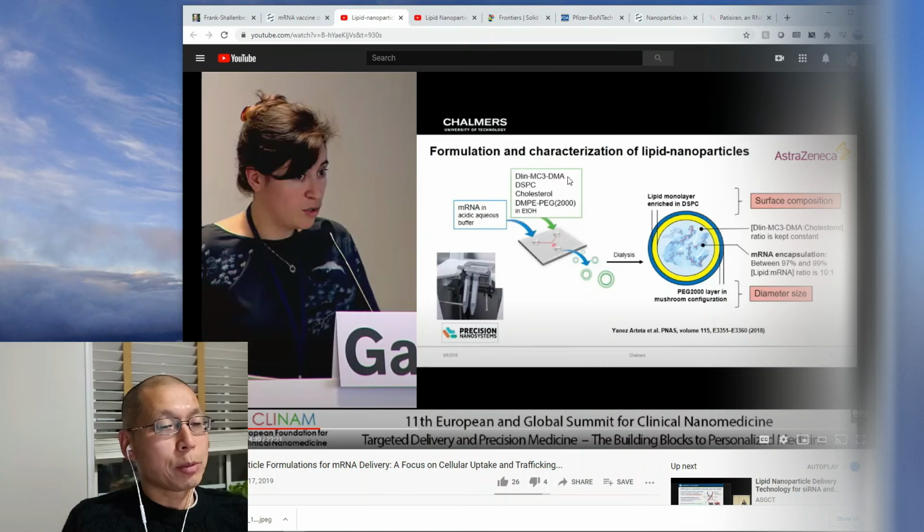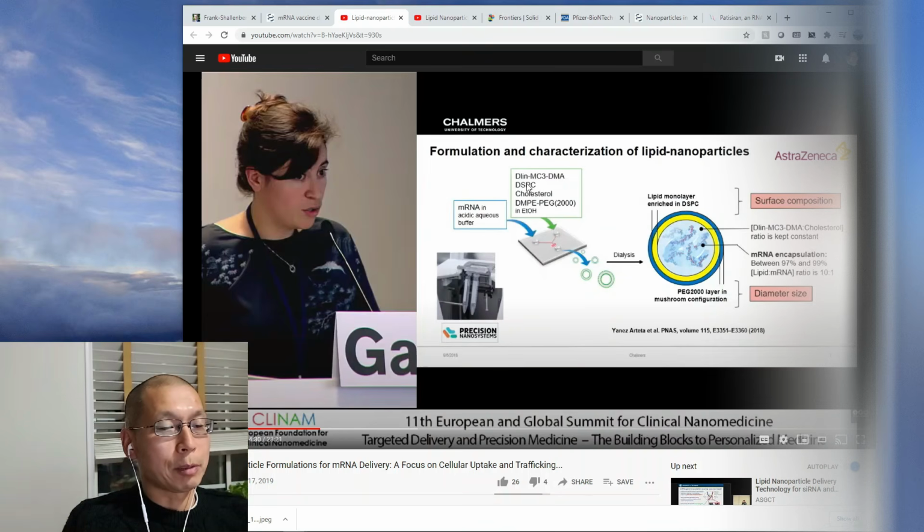One is going to be a cationic lipid, and that binds the RNA. And then cholesterol and this cationic lipid bind the RNA and stabilize it and becomes the central core of the nanoparticle. Then there is a phospholipid that forms the inner shell.